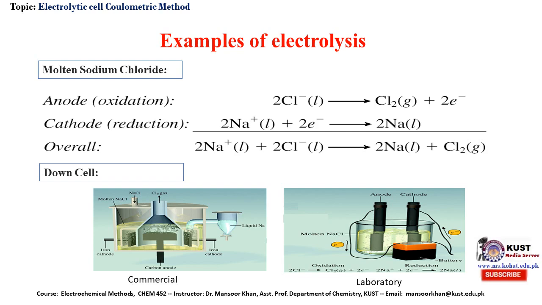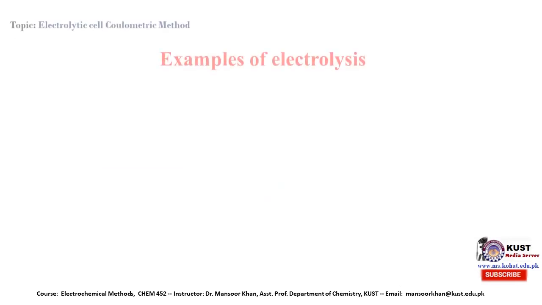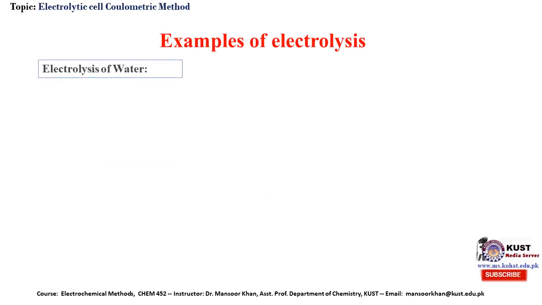You can use these cells in the laboratory and also for commercial purposes. Another important example of electrolysis is the electrolysis of water, which is also a very simple example, and we have studied it in our FAC.